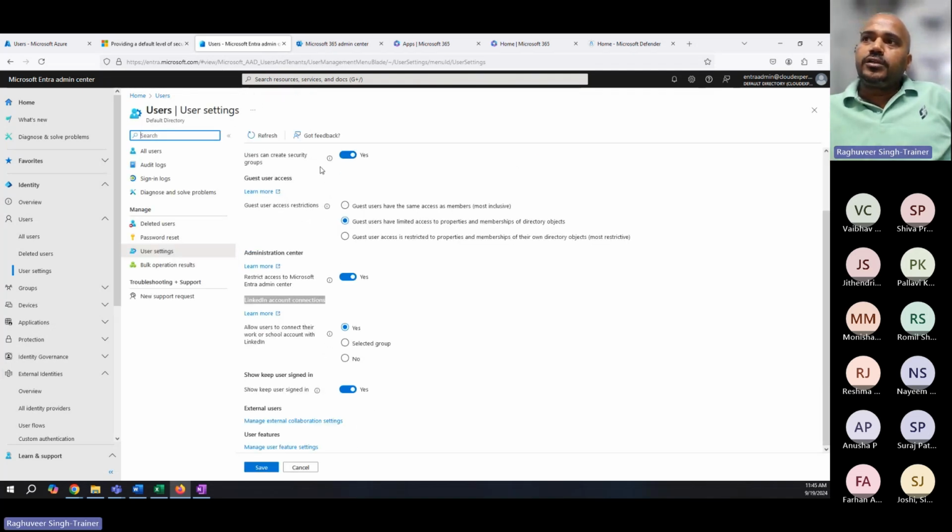So this is on the federation, this is on the collaboration, which is a very important aspect of Entra tenant configuration, which you might not have seen in your current roles and responsibilities because you already have it configured by the customer. But now that you are going through this training, I'm making sure that anything that you have not done is what I'm covering.